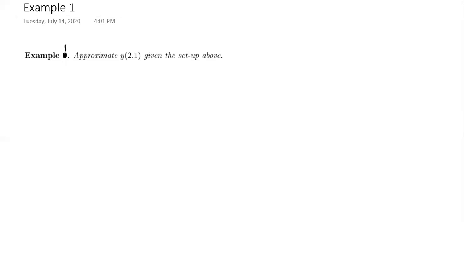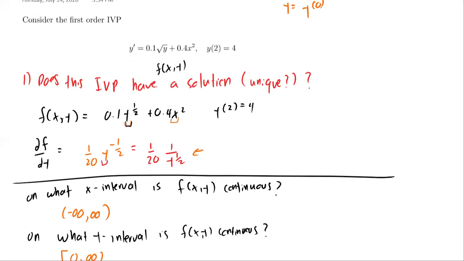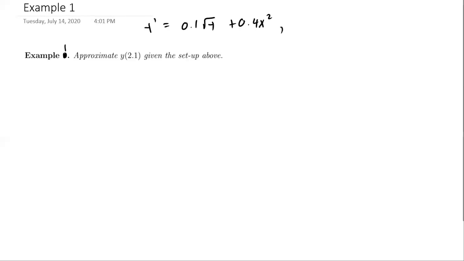The differential equation was y prime equals 0.1 times square root of y plus 0.4 x squared, and the initial condition was y of 2 equals 4.